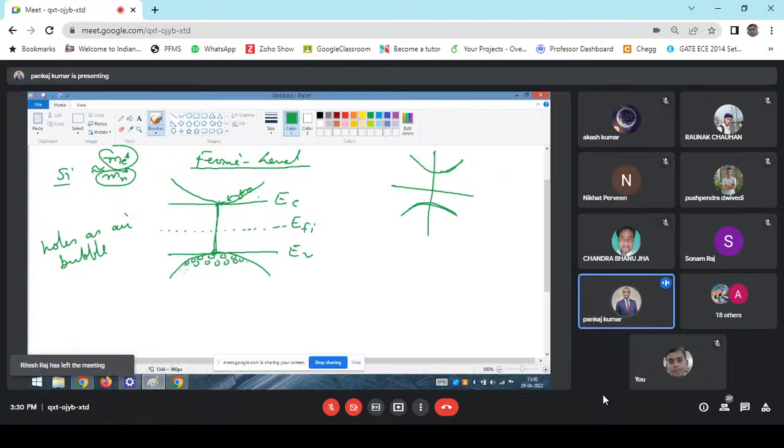Holes are the empty state of electron. Somebody can ask you why the holes are on the top of the valence band. So we can very easily say that since the electron always occupies the least energy states, electron tries to move towards the least energy states.